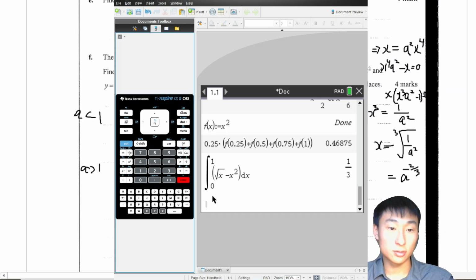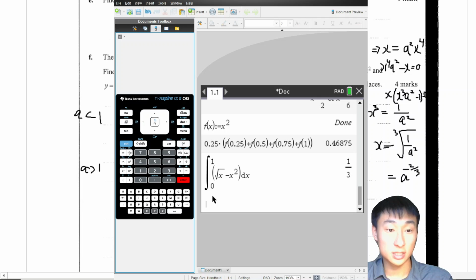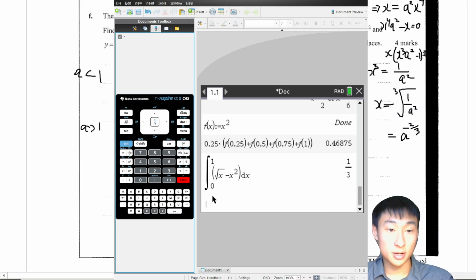So the second integral is 0 to the intersection point, which I worked out was a to the power of negative 2/3, root x minus ax squared.